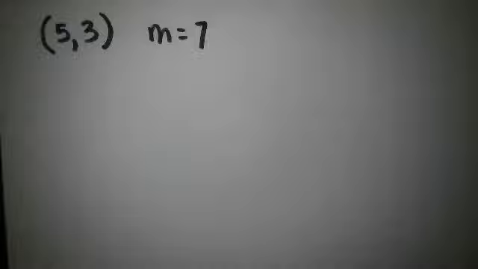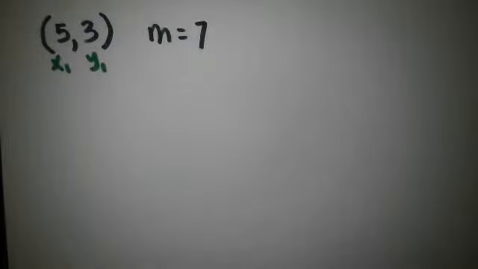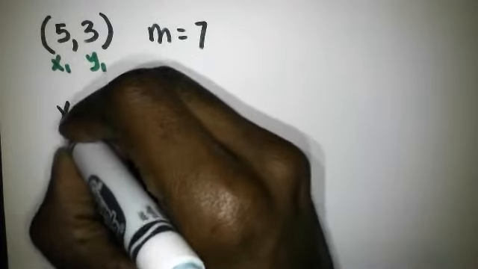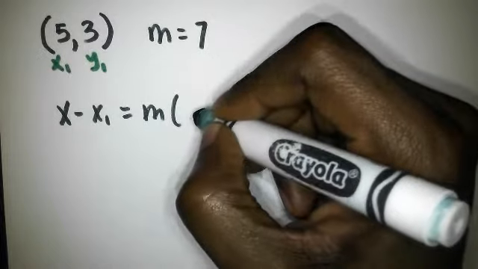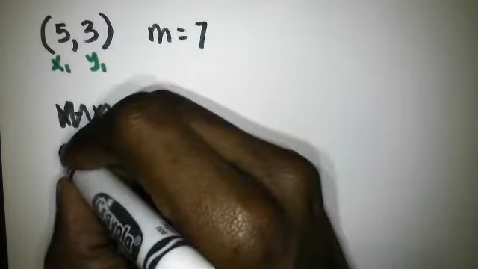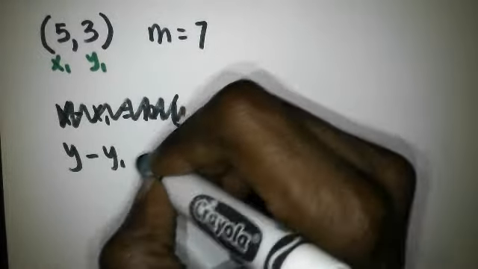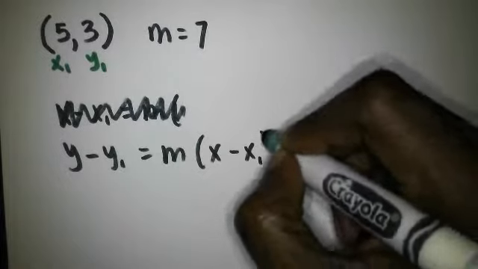Okay, so let's go ahead and write this equation in point-slope form. Now know that this is our x1 and this is our y1, and then we already have m. Now the formula we're using is y minus y1 equals m times x minus x1.